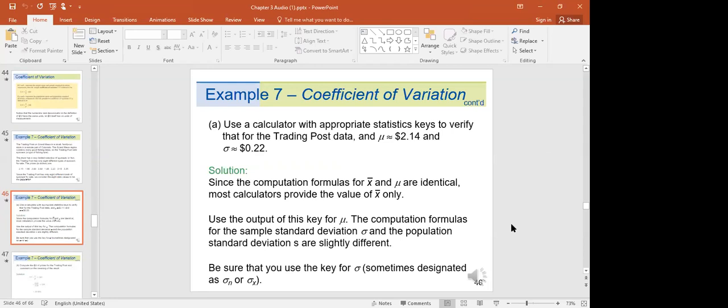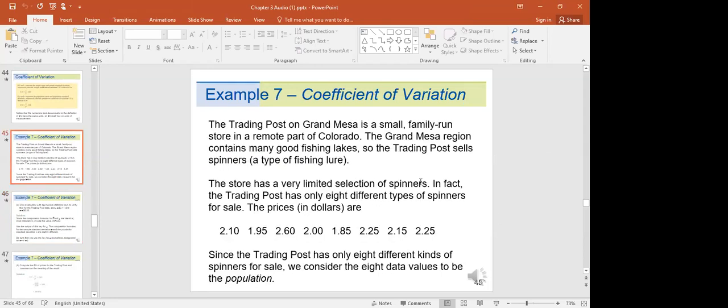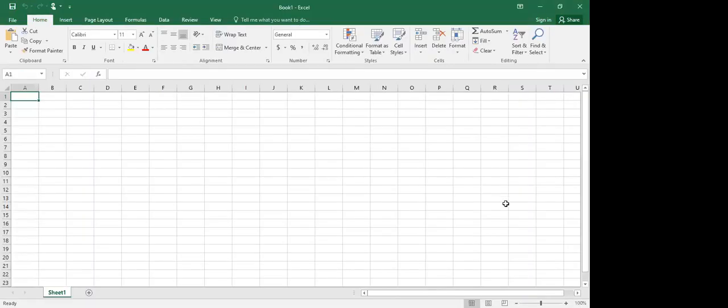Okay. Now I want us to use Excel to do the same thing. So everybody can use Excel. I am on Excel and I'm going to enter the data. You can enter it after me.